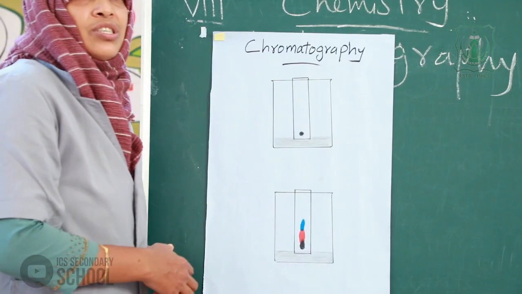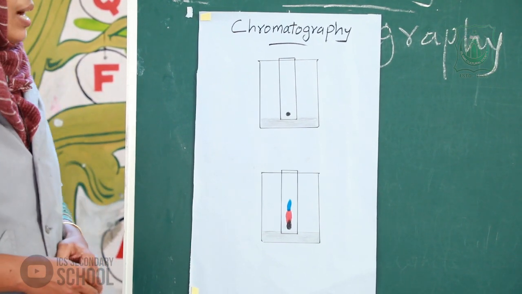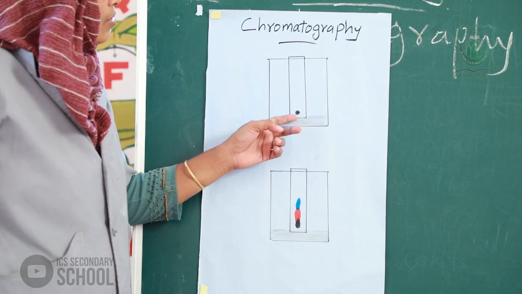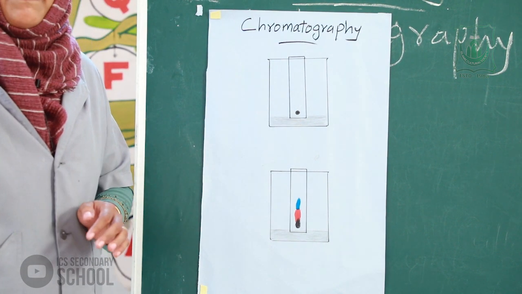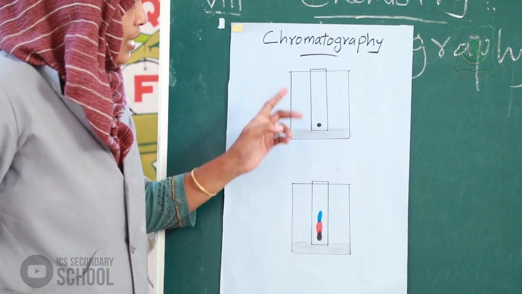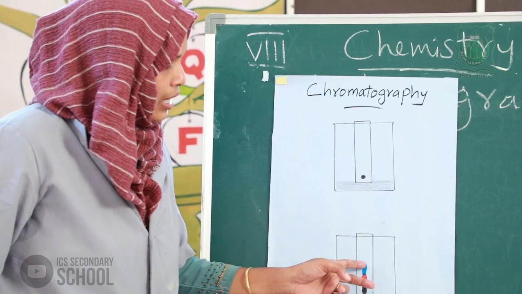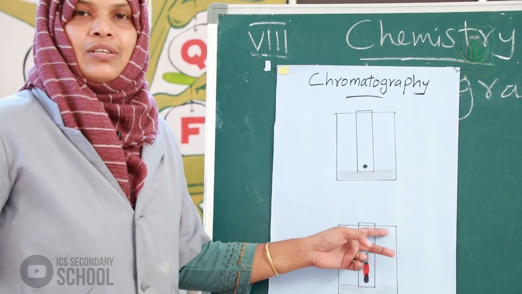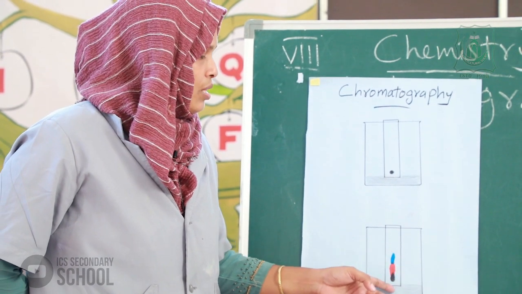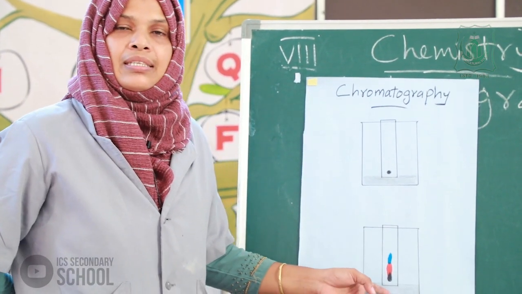What is your observation? What happened when the water level in the filter paper ascended? The ink spreads, and you can see different colors. What is your inference about the formation of different colors?